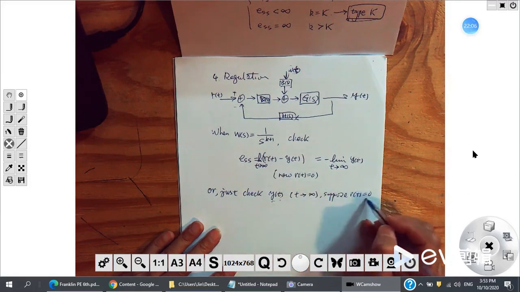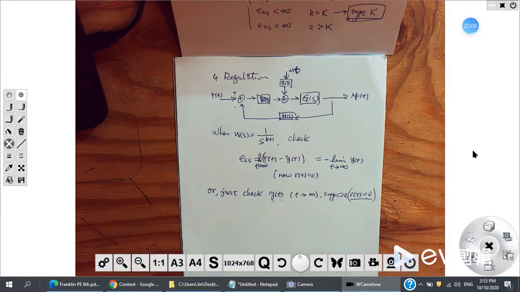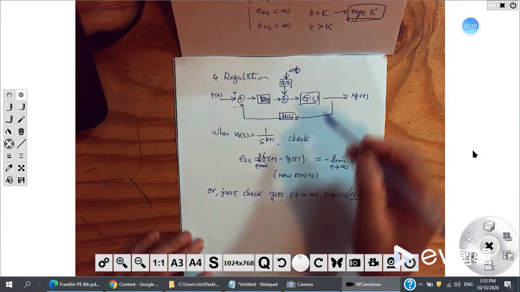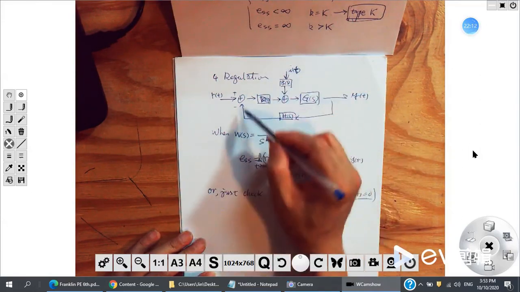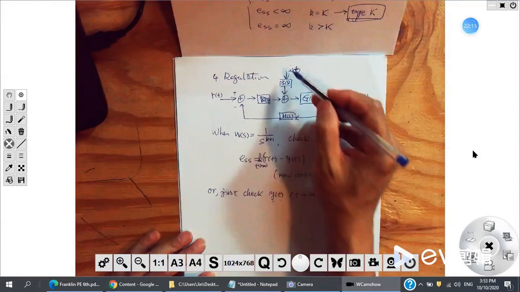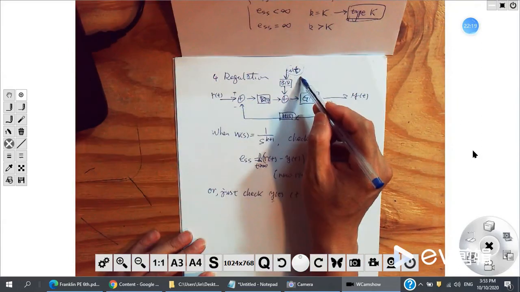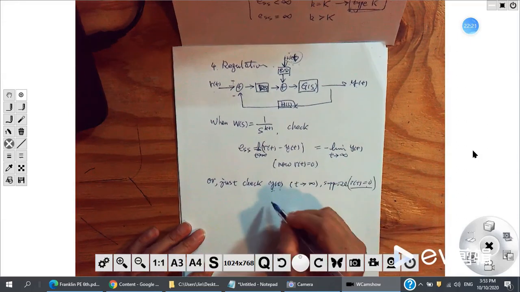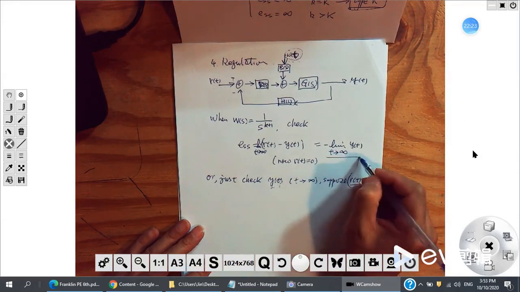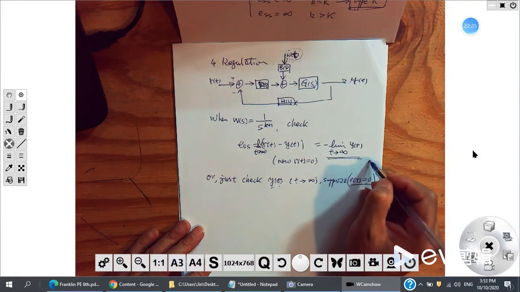Suppose r of t is 0. Yeah, no input. Then in this case, the only signal going into the system is this noise, this disturbance signal. And we want to see whether this limit tends to be 0 or not.